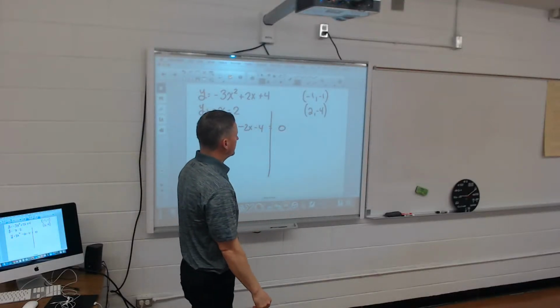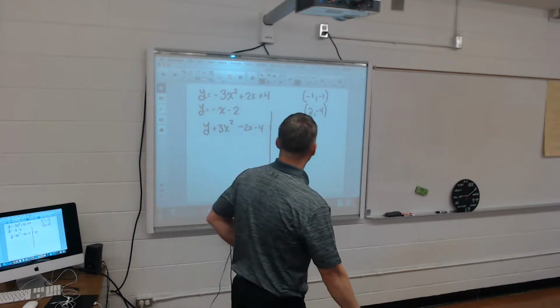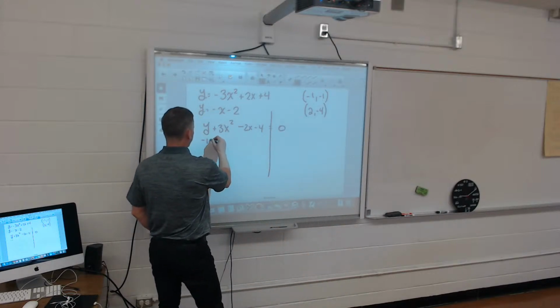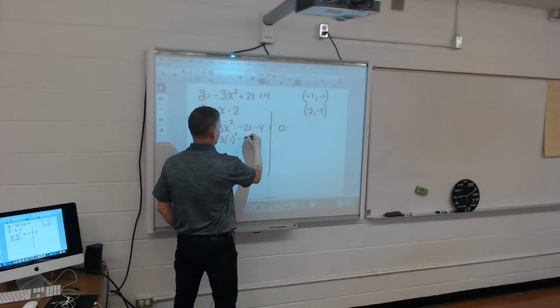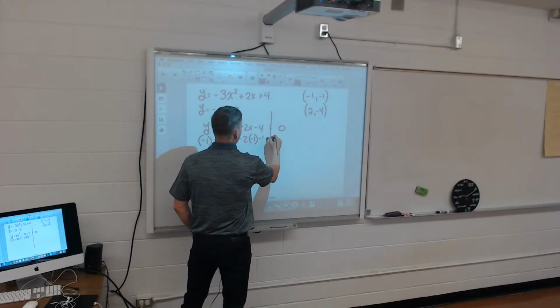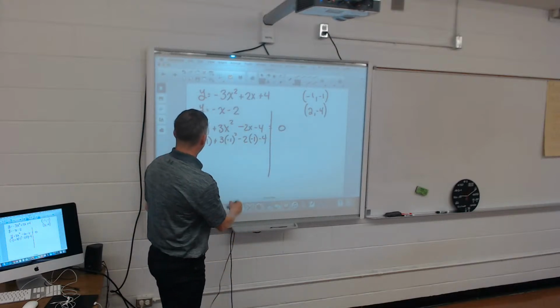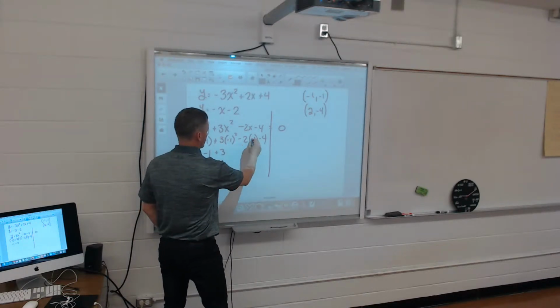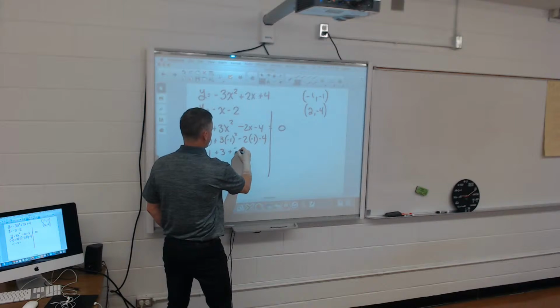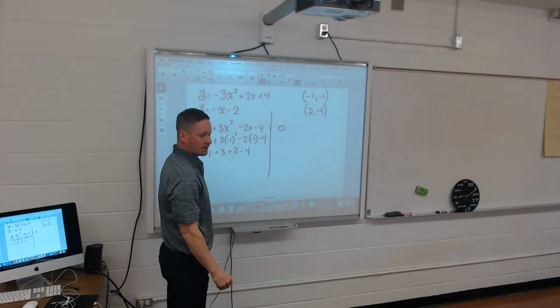All right, so let's put in negative 1 and negative 1. I got a negative 1 here, plus 3 times negative 1 squared minus 2 times negative 1, subtract 4. That gives me negative 1 plus 3, plus 2, subtract 4.